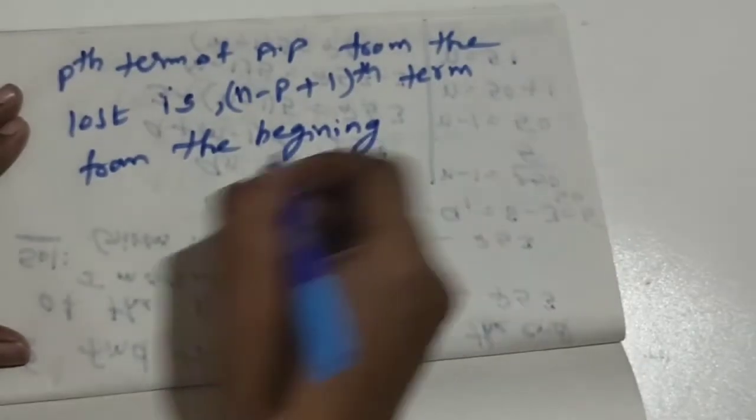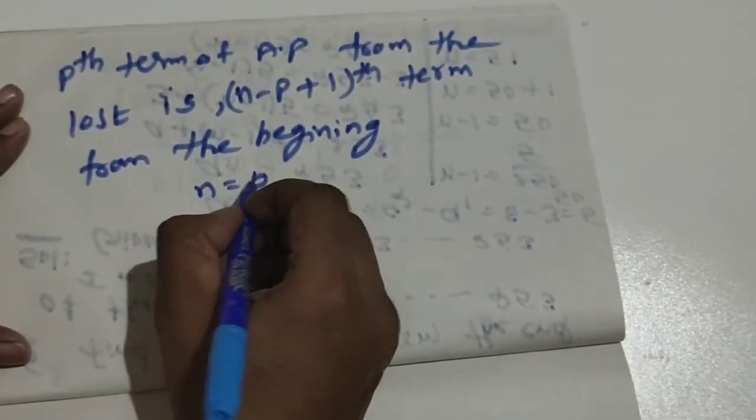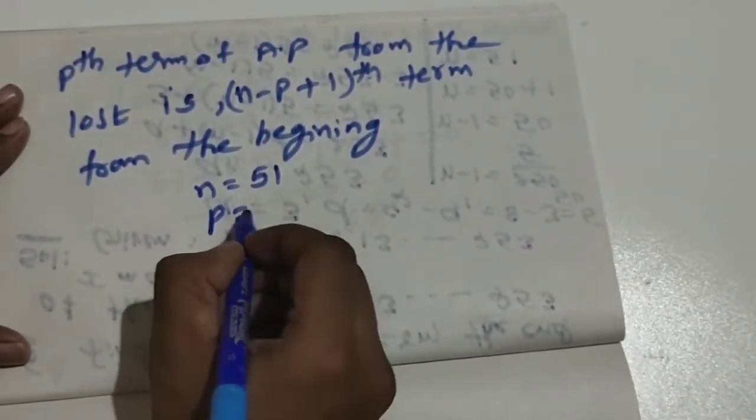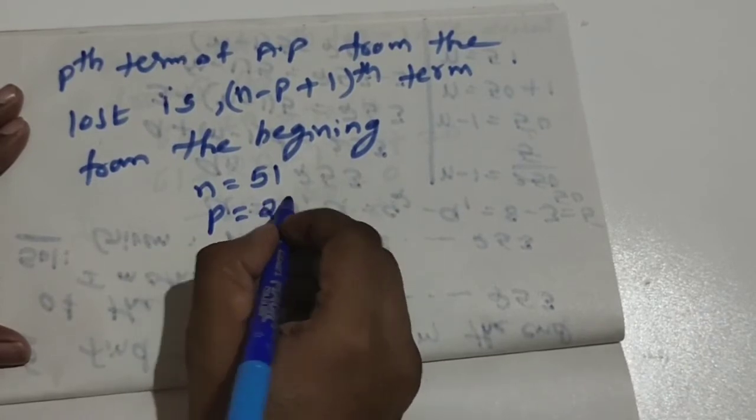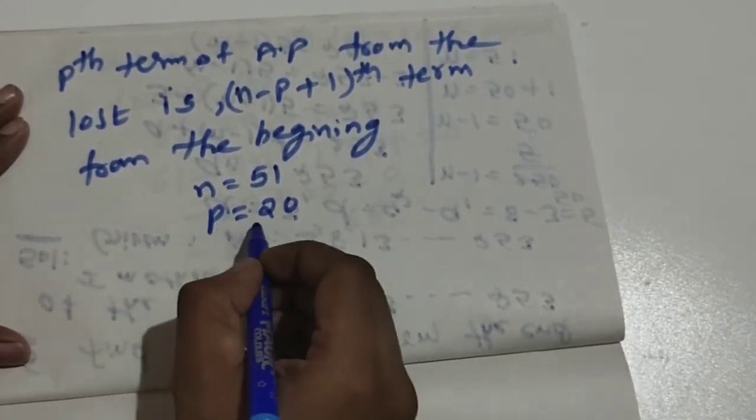That means here the n value is 51. The p value is 20, that is the term we are asked for.